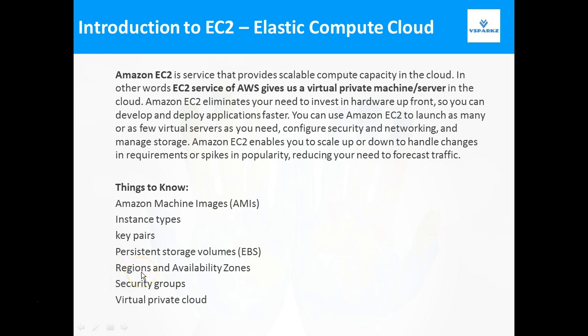The physical geographical locations are referred to as regions, and each region contains more than one data center, and these data centers are called availability zones. A security group, also called a firewall, enables you to specify the protocols, ports and source IP ranges through which you can reach your instances.